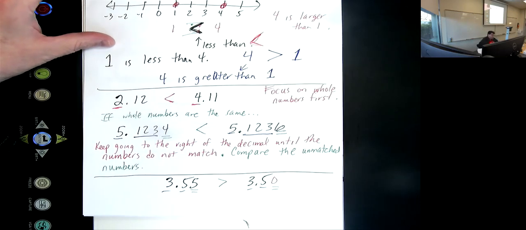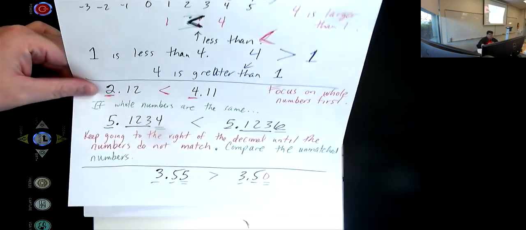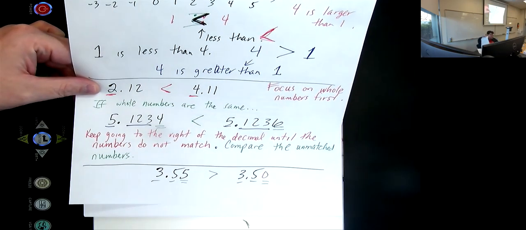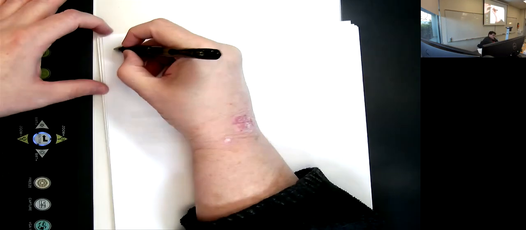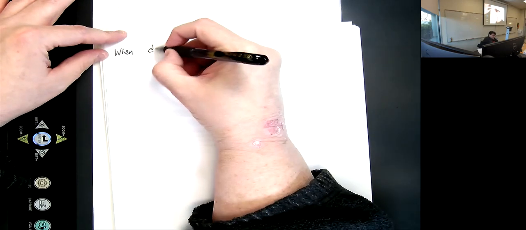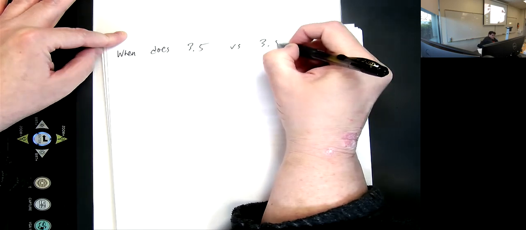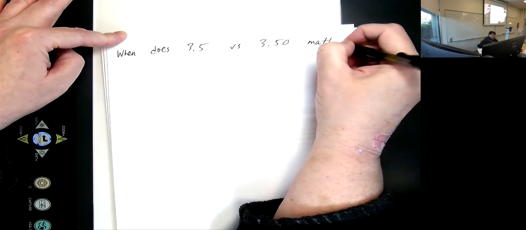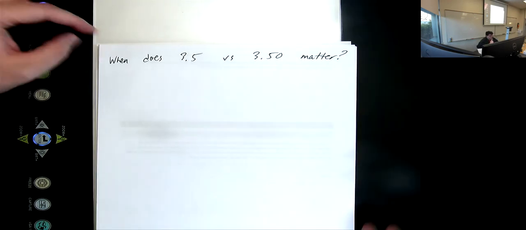All right, so when does this 0 at the end matter? Does anyone need this up longer? Give me a figure. I think it's like a measurement. A measurement, exactly. That's a great answer. When does 3.5 versus 3.50 matter? 3.50 is more precise.